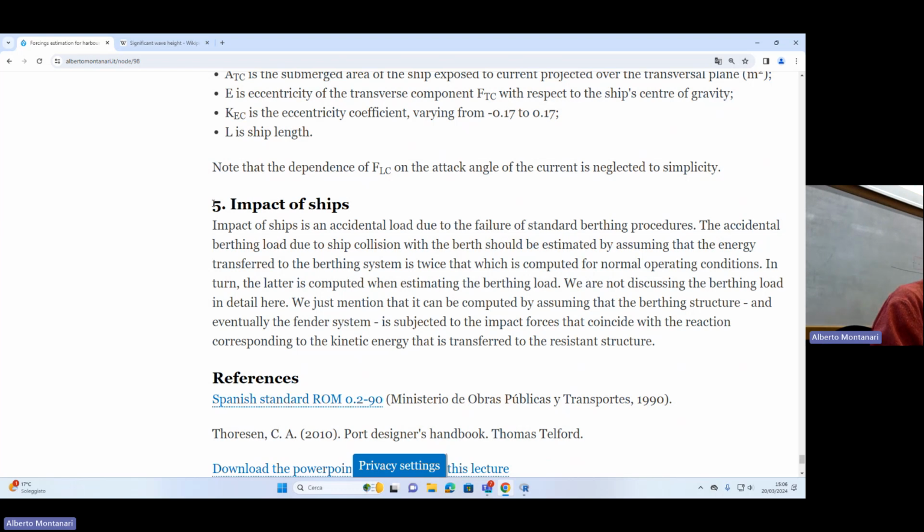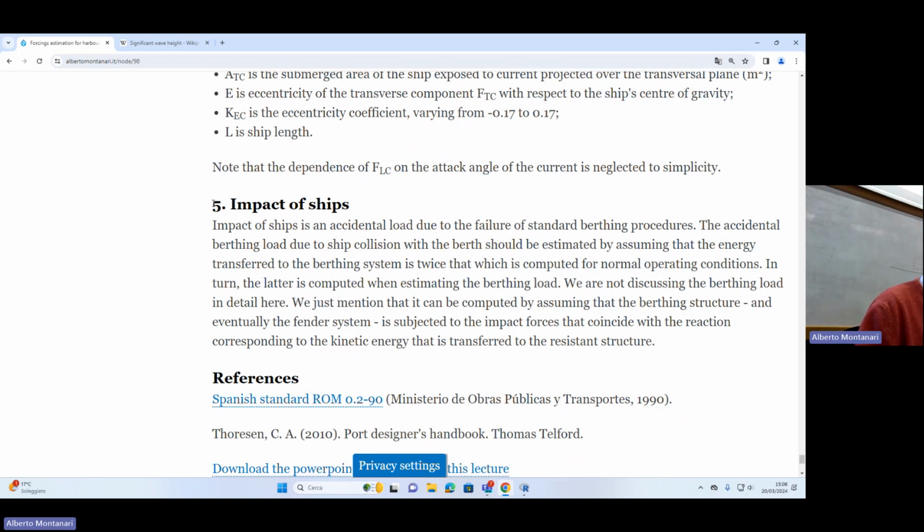Kinetic energy depends on the berthing velocity, and the berthing velocity depends on the type of ship and also on the type of berth that you are designing. So depending on the berth and the ship, you get an indication of the velocity with which the ship approaches the berth, and then the velocity means energy, and you estimate the forcing due to the impact by considering the energy of the ship.